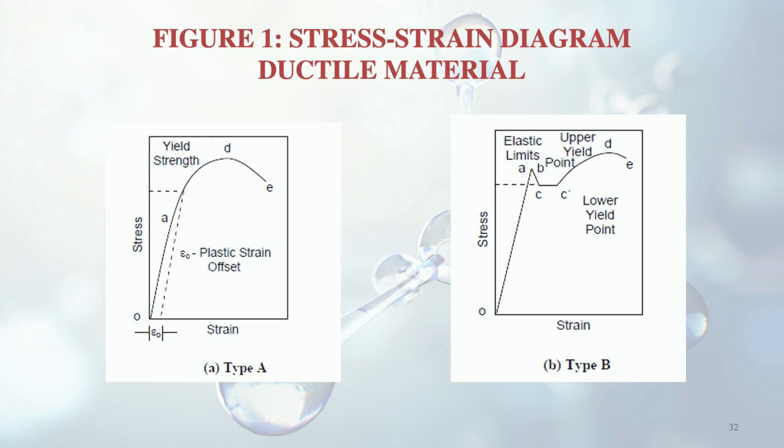Here are two diagrams, and these represent the stress strain diagram for ductile materials. The first one is type A of ductile materials, and the second one is type B. Now we discuss the first type, A. You can see here on the abscissa, or the x-axis, strain is there, and on the y-axis, or the ordinate, stress is there.